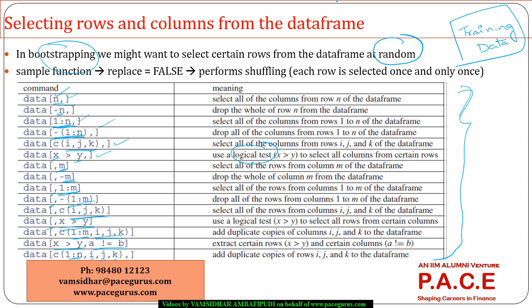So even from that perspective, to get the numbers randomly, we'll use the sample function, but the output of that sample function can be sent as an input to the rows while doing the subsetting process, and only those rows which are a part of the sample will be pulled and displayed. So in that sample I have already shown, if you are setting replace equal to false, it means each row is selected only once without any kind of repetition, right? Let's move forward.